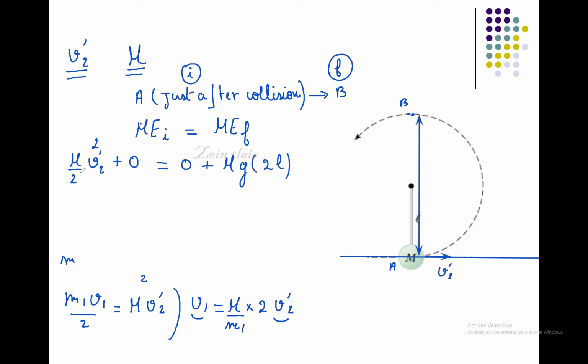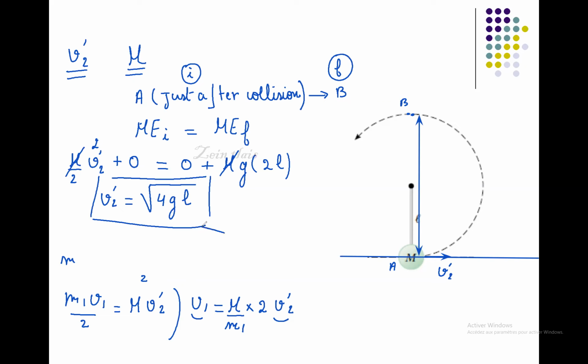We can eliminate M and M. So V2 prime squared equals 4gL, which is the value of V2 prime.